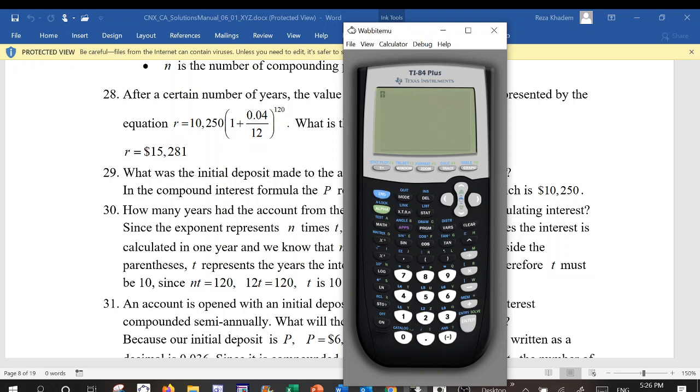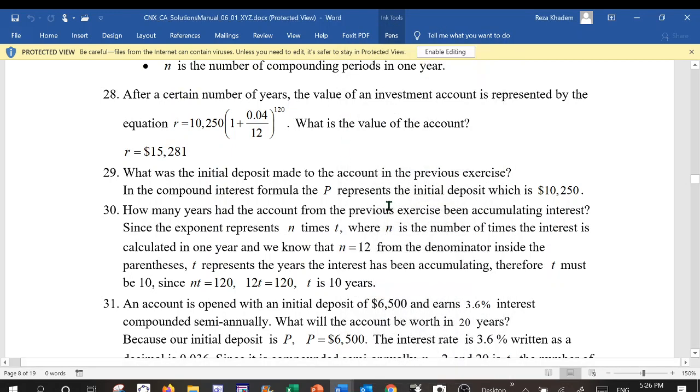Let me get the last thing. So let me do 0.04 divided by 12, I keep turning on the alphabet, that's why I get there. So let me add 1 to it and raise it to 120. And now we want to multiply that by 1050, and we get 15280.03. So that's how much money is going to be in the account.